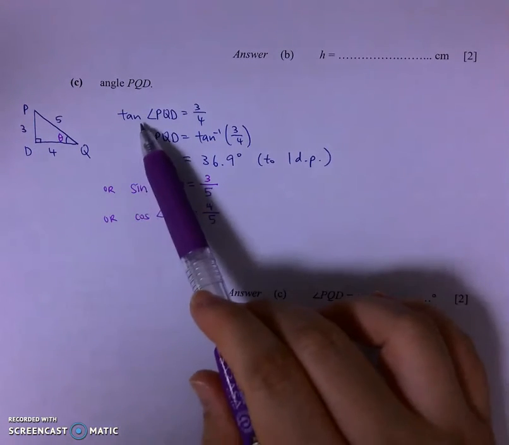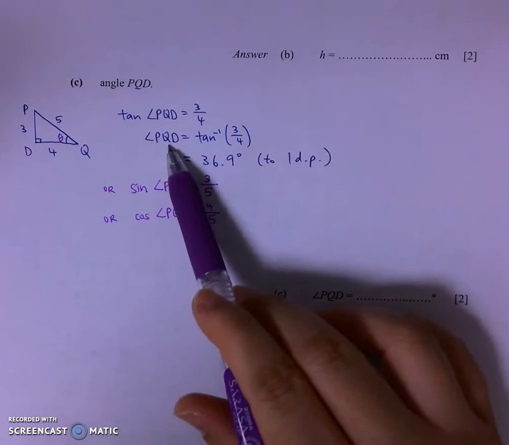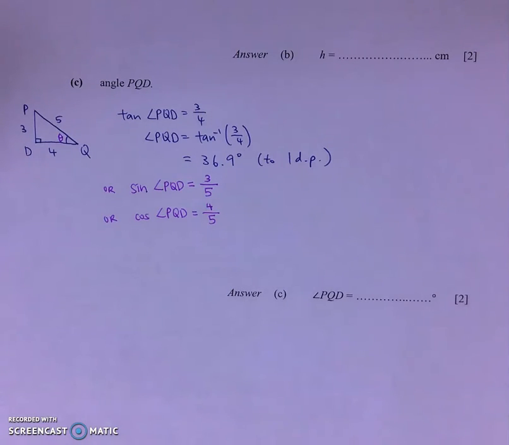So all of these three trigonometric ratios should give you the same angle PQD as 36.9 degrees corrected to 1 dp.